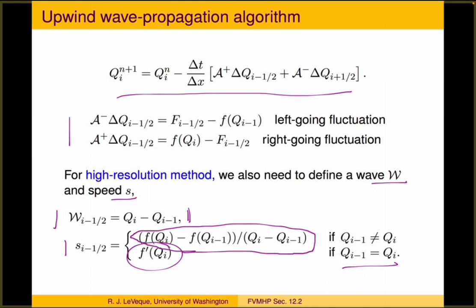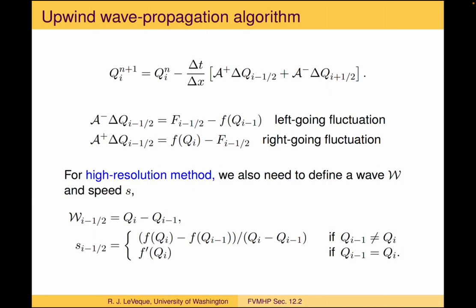Although in this case, where the two states are equal, it doesn't really matter how you define it, because in that case this wave would be 0, so it doesn't really matter how you define the speed in terms of the second order correction terms. They'll vanish in any case, but just for consistency, that would be a natural way to define it.